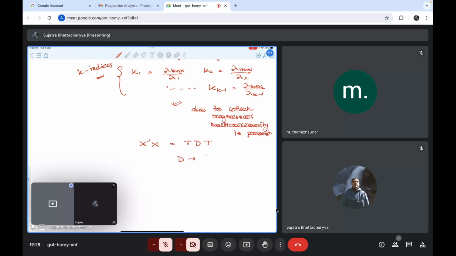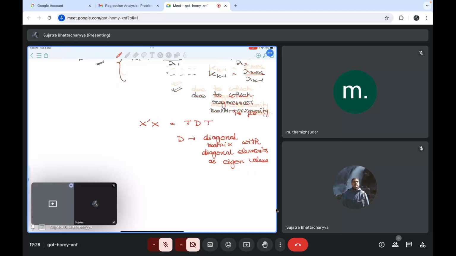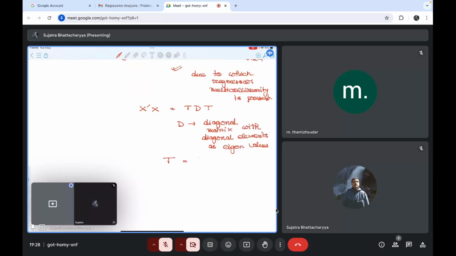D is the diagonal matrix with diagonal elements as the eigenvalues, and this T matrix is the eigenvector matrix which consists of T1, T2, and so on up to T k minus 1, where T1 is the eigenvector corresponding to the lambda 1 eigenvalue.